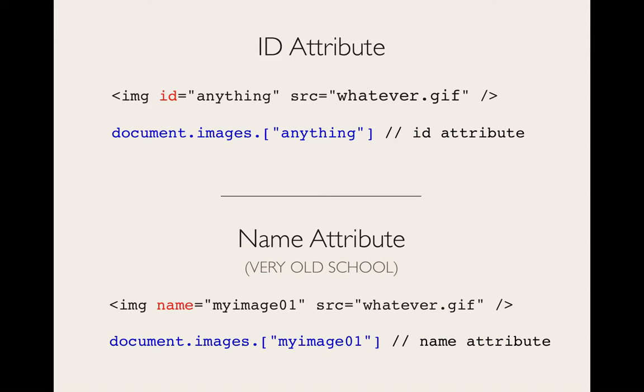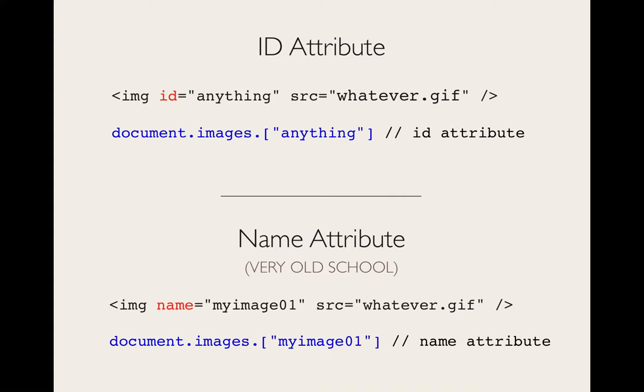You can have as many IDs as you want as long as they're named uniquely. So id equals anything. There'd only be one object with an ID of anything on the page. Classes are a different story, but IDs are unique per page.